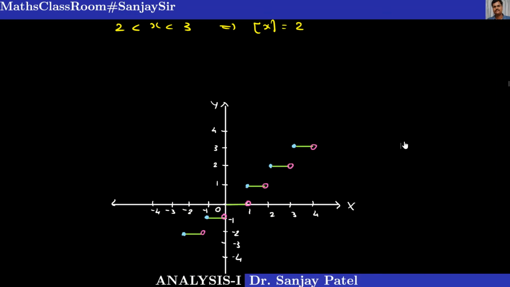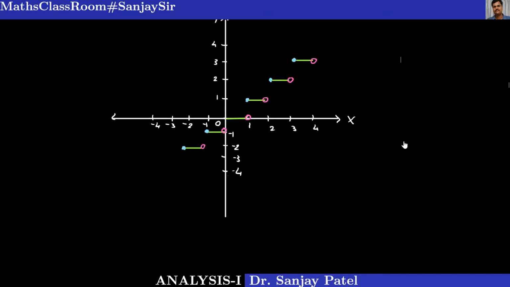Yes, this is the graph of this bracket function, and it looks like steps. So it is also known as step function. So this is the graph of f(x) is equal to bracket x.